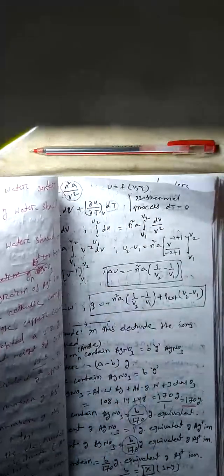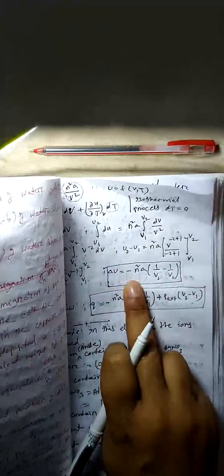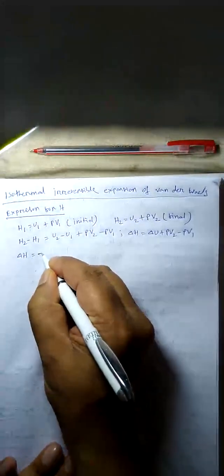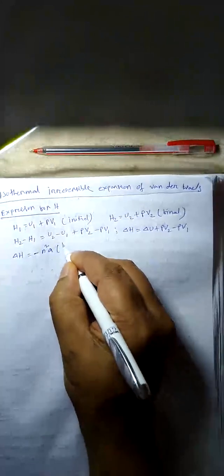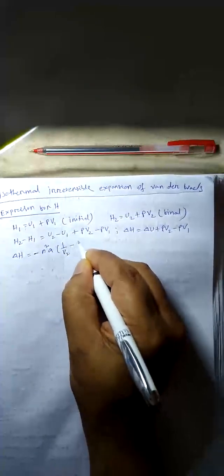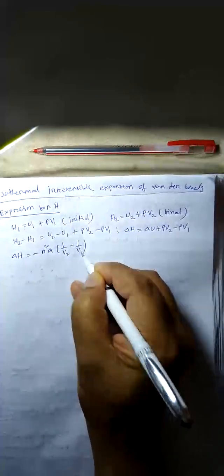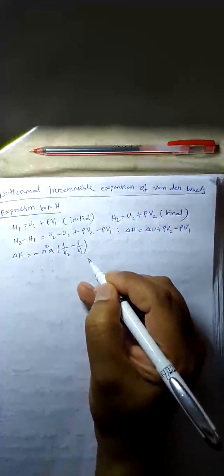This value will come: delta U is minus n squared a, times 1 by V2 minus 1 by V1, which we already derived.